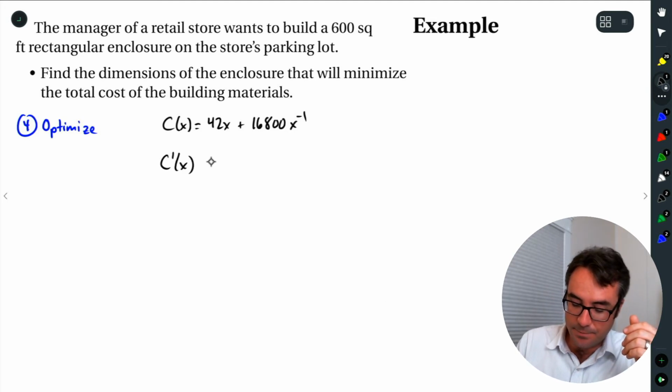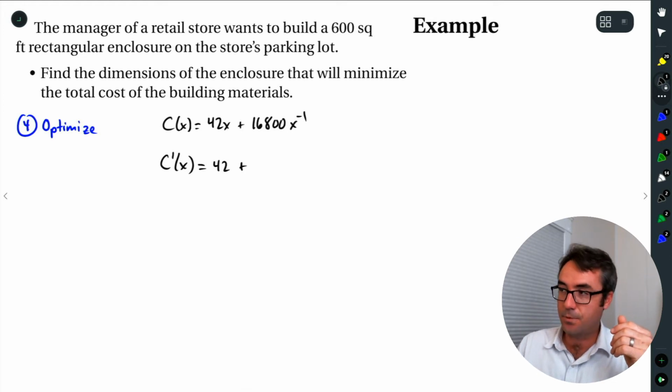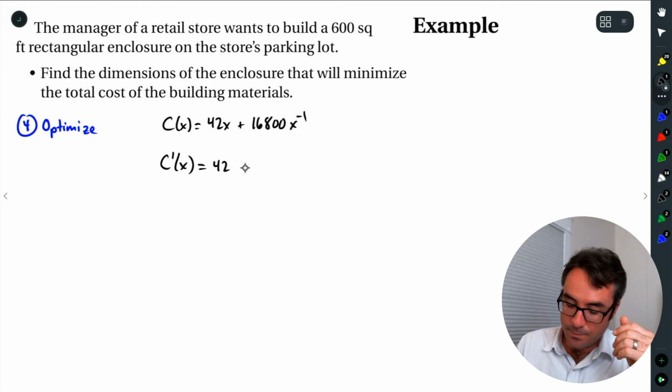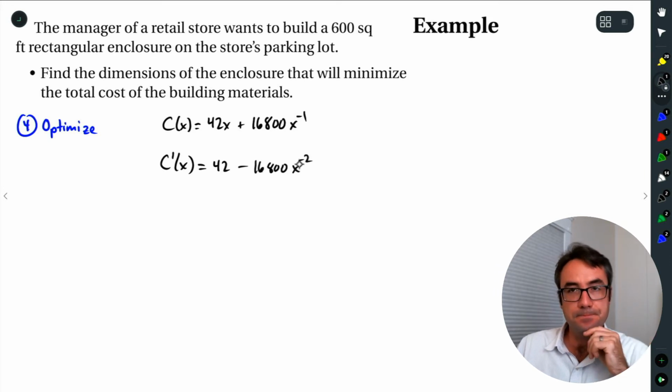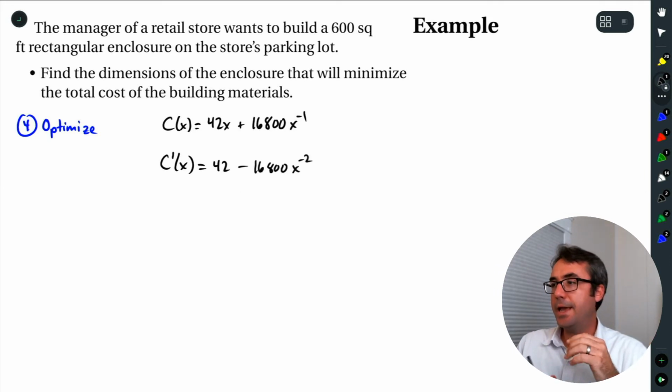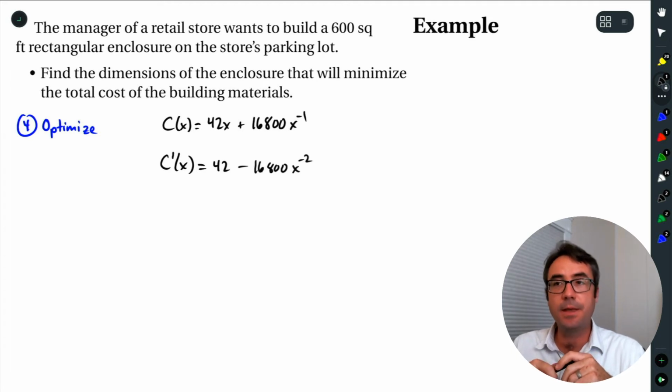So c prime is 42 plus, really minus when we do the power rule, minus 16,800 and x raised to the minus 2. And we're interested in where this thing is equal to 0 and where this thing is undefined.